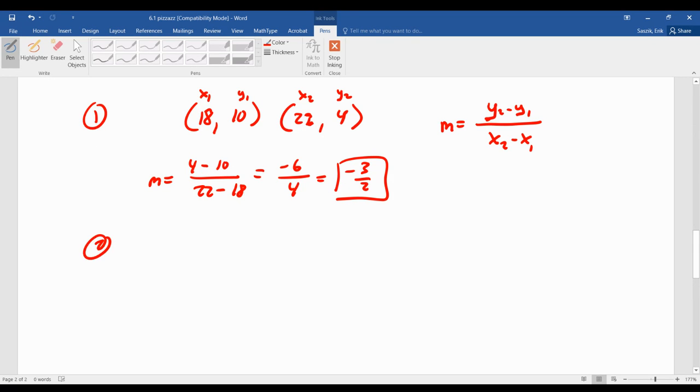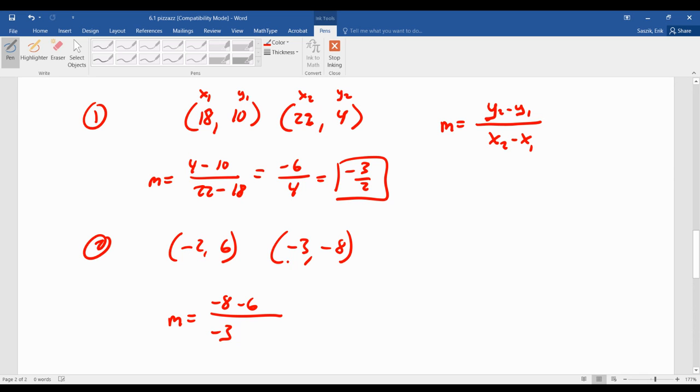Now watch, if you have negative numbers, I'm going to do just a couple more. -2, 6, and then we'll do -3, -8. So you just got to be careful with the negative action. So -8 minus 6, y sub 2 minus y sub 1, over -3.